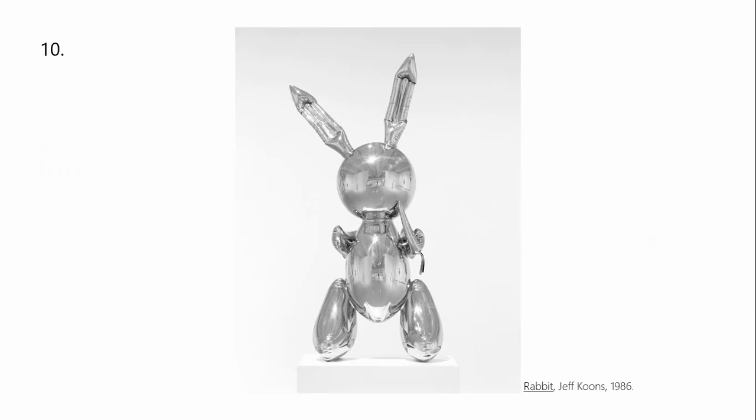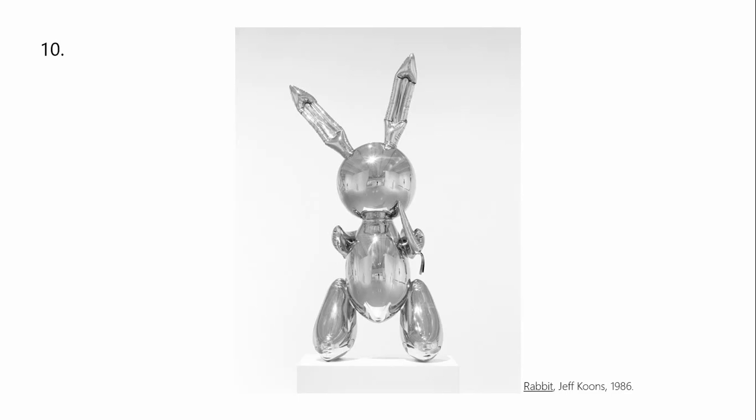Okay, and lastly, Rabbit by Jeff Koons is a work of sculpture. You might remember that it is a cast made based off of an actual inflatable, and so it has this kind of irony of being made out of something really solid. I believe that this one is stainless steel, solid and heavy, but it has the look of something that we know is very physically light, like a blow-up balloon.